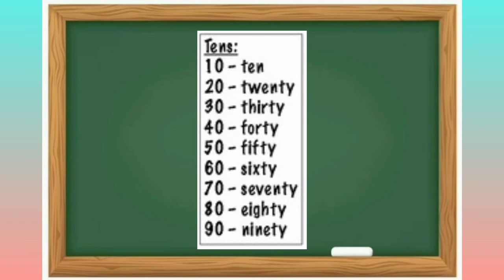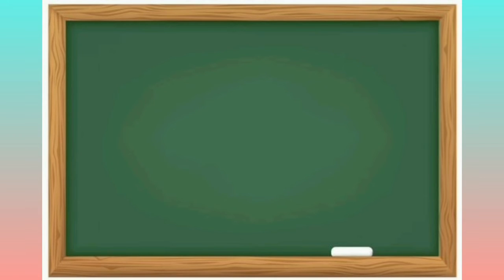They will always end with the letter T. For example, the number 20 is similar to 30, 40, 50, 60, 70, 80, and 90. Okay, let's move on to the next number.